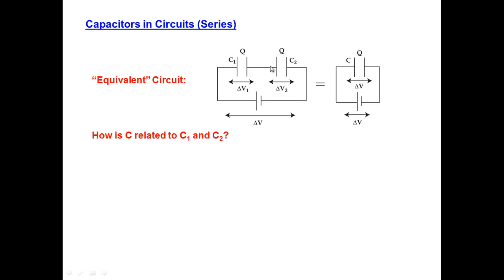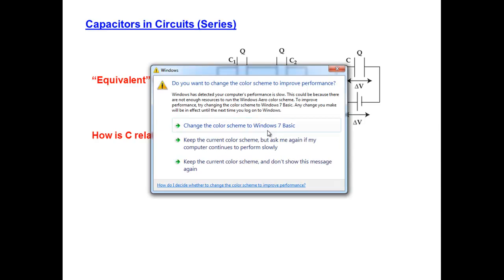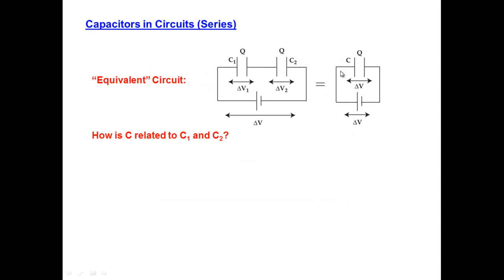And so we don't physically disturb the circuit and put in a new capacitor. All we do is we mentally perform this replacement so that we can analyze the properties more easily. And the big question then is, how is this equivalent capacitance related to the two original capacitances?